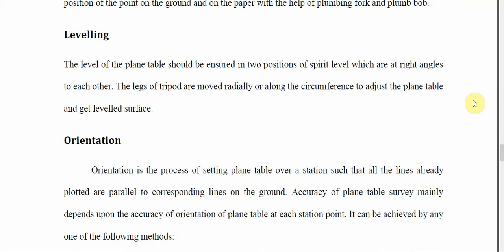The next is orientation, that is, lines that are drawn on the plane table must be parallel to the corresponding lines on the ground. If there is a line joining A and B points on the sheet, it must be parallel to the line joining A and B points on the ground.